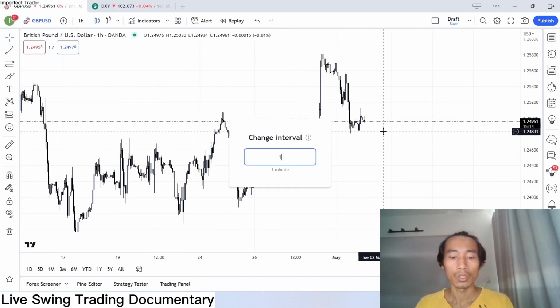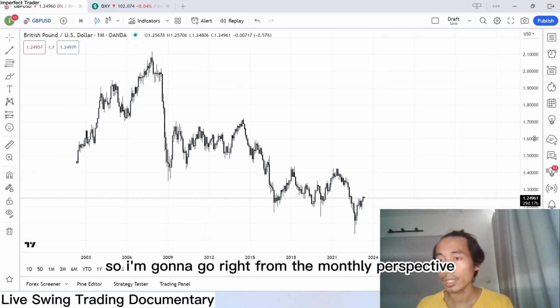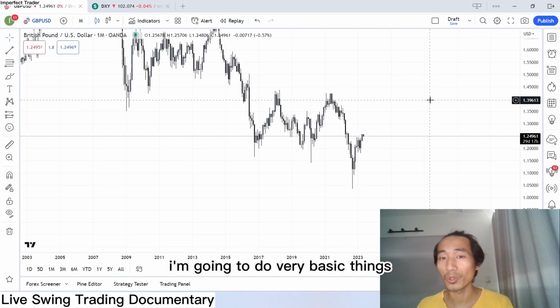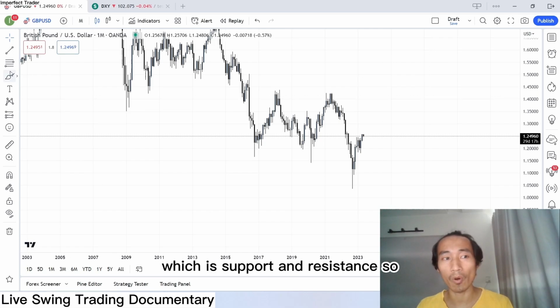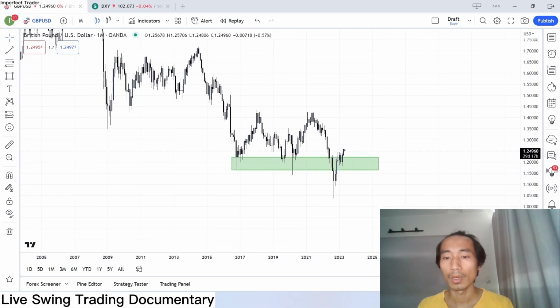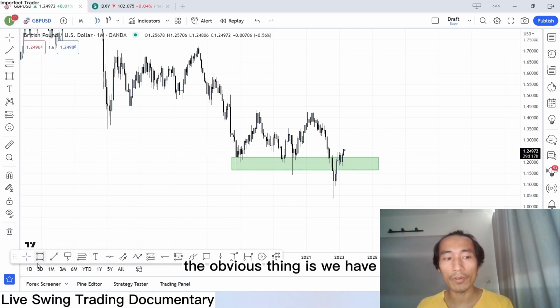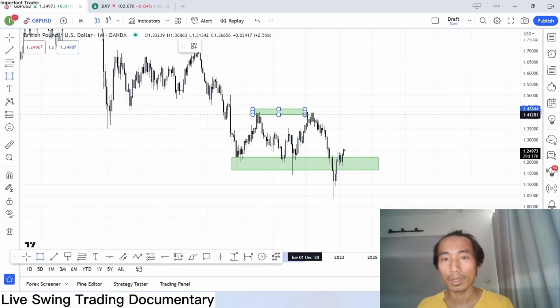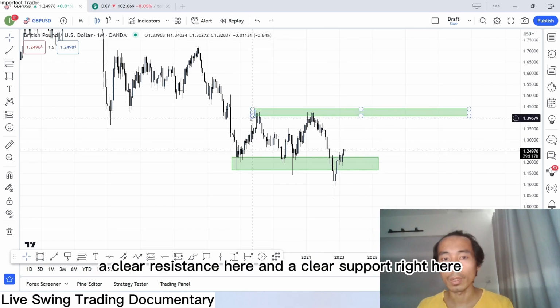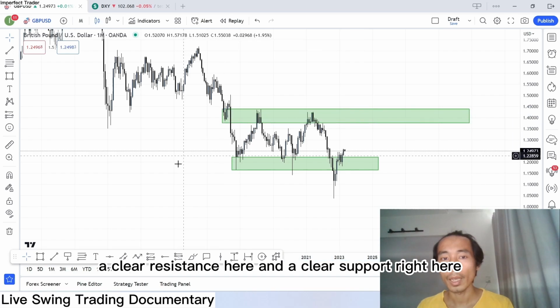I'm going to start from the monthly perspective. For this analysis, I'm going to use very basic things, which are support and resistance. On monthly, the obvious thing is that we have a clear resistance here and a clear support right here.